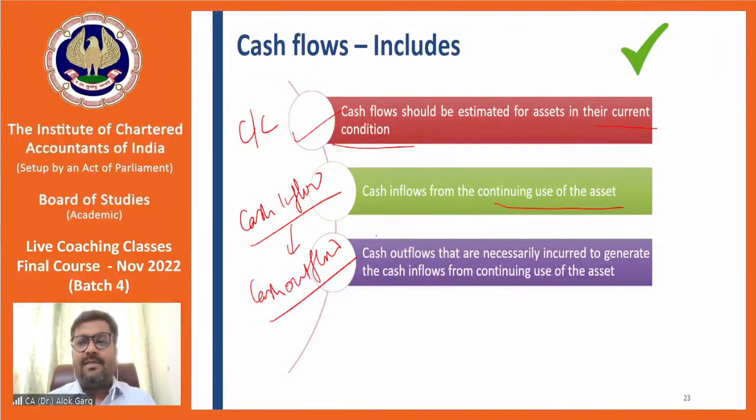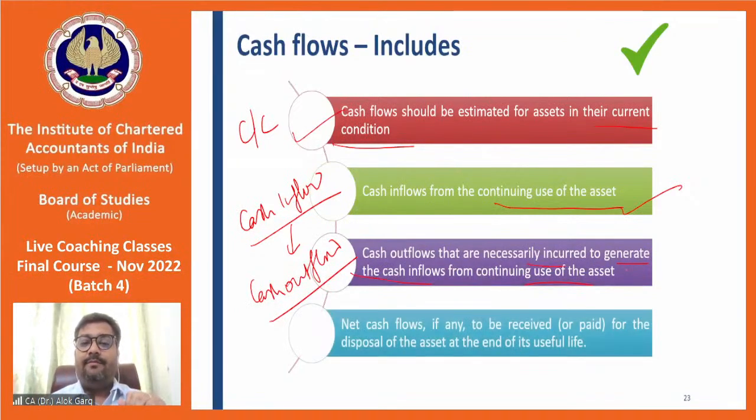So there are some expenses. So you have to take both cash inflow and cash outflow from continuing use of the asset. Cash outflows which are necessarily incurred to generate the cash inflow from continuing use of the asset. If you would not have incurred the cash outflow, probably you would not have generated the cash inflow. So you have to take cash inflow as well as cash outflow from continuing use of the asset while doing the cash flow projection. Okay.